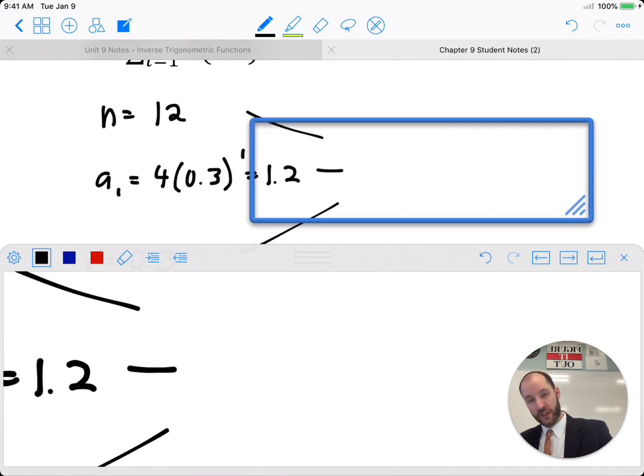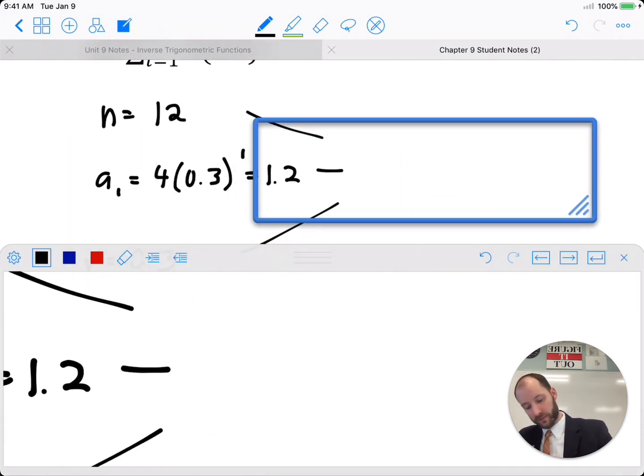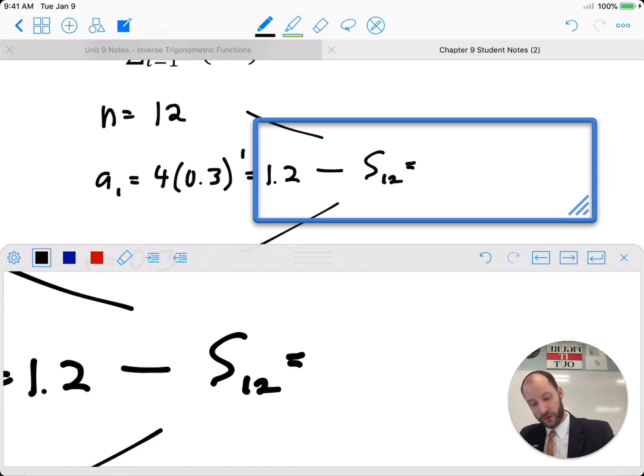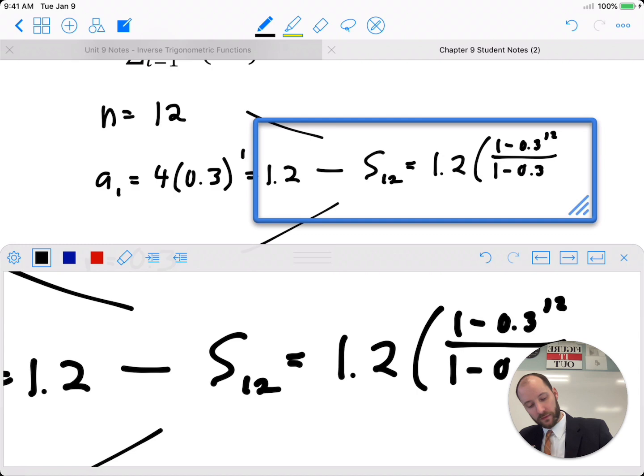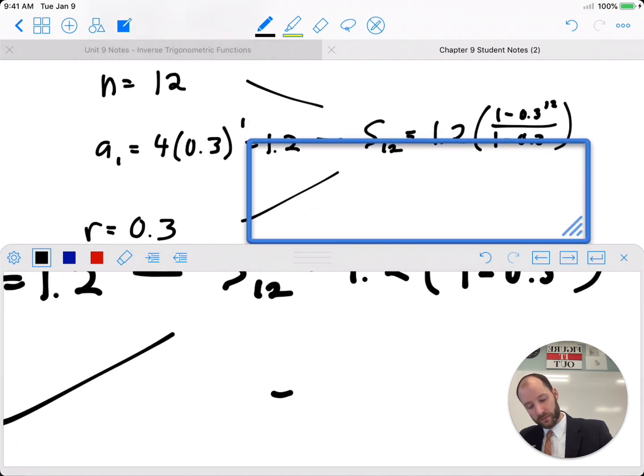So put all that together. The sum of the first 12 terms, our first term, 1.2, times 1 minus 0.3 to the 12, over 1 minus 0.3, and you plug it into your calculator.